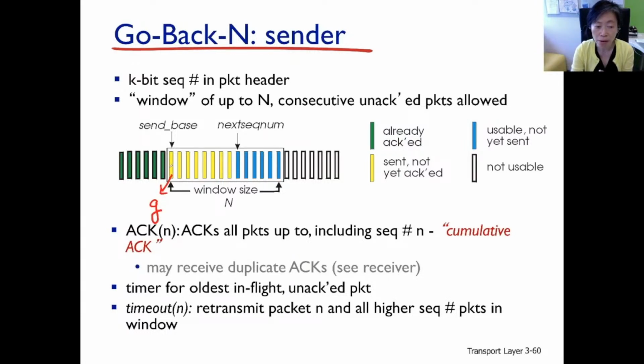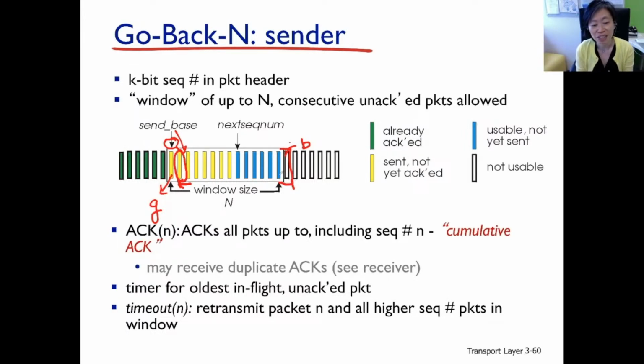What do we do here? Now this one is green, isn't it? Send base is only to indicate the first unacked packet, so we need to change it to this packet's sequence number. As a result, we shift the window so it begins from here and includes the next blank packet, turning it blue. So the window is sliding over by one packet.